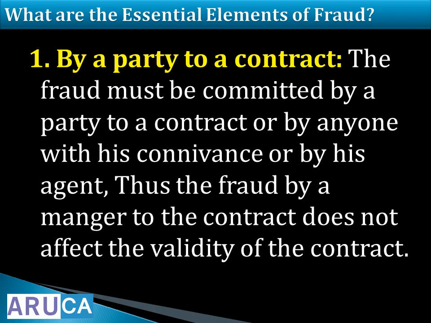Actively he was going with him. Maybe X is in connivance with somebody else, committed a fraud on Y. Or by his agent, his representative did a fraud. Thus, a fraud by a manager to a contract doesn't affect the validity of the contract. Manager is not an agent. Agent means authorized representation.